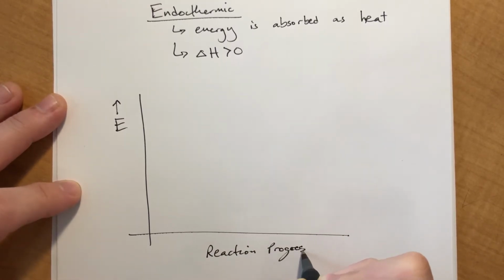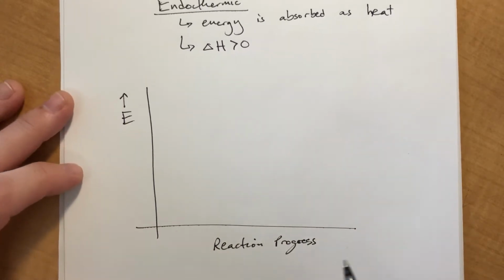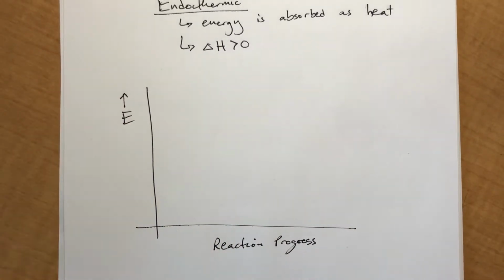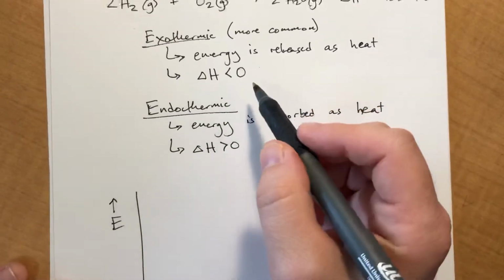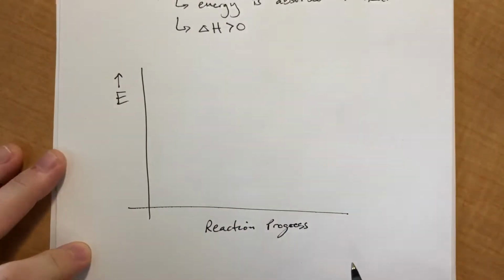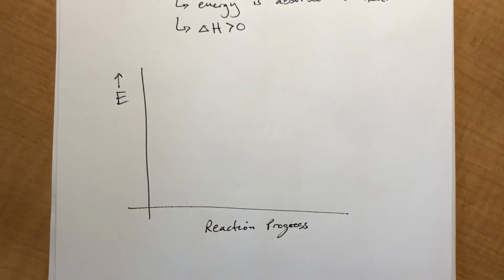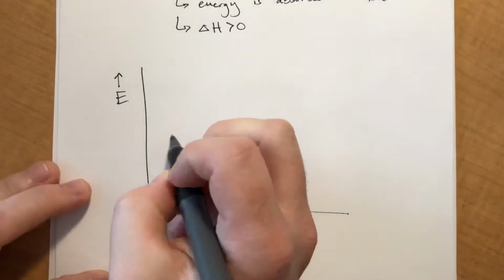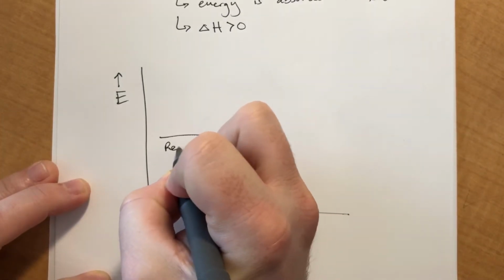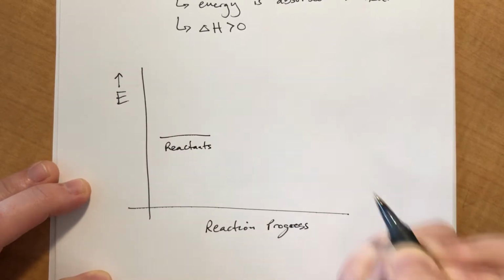It's basically just time. Basically, as the reaction occurs, this is what's happening. So typically, most reactions, which are exothermic, the most common option, have the reactants at some potential energy. We're just gonna label it reactants. We're gonna keep it generic here.